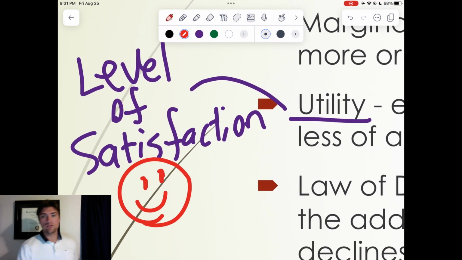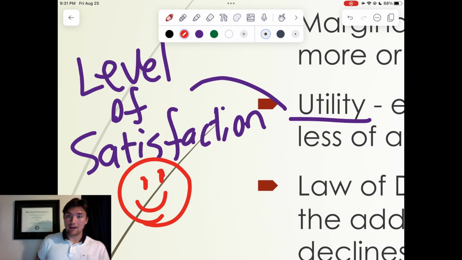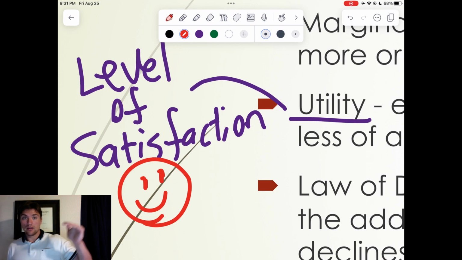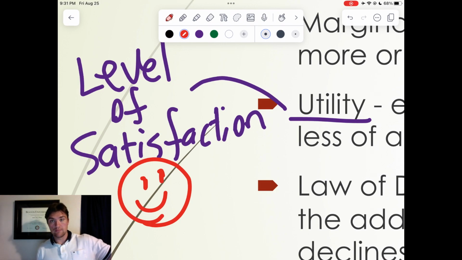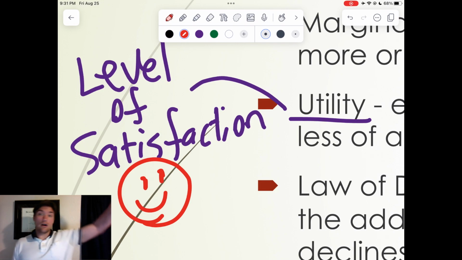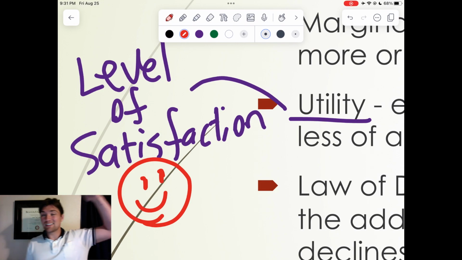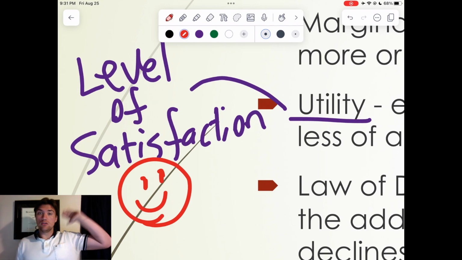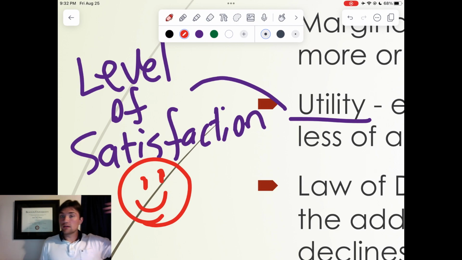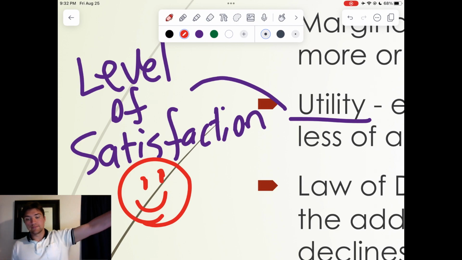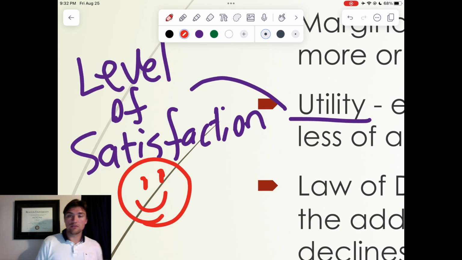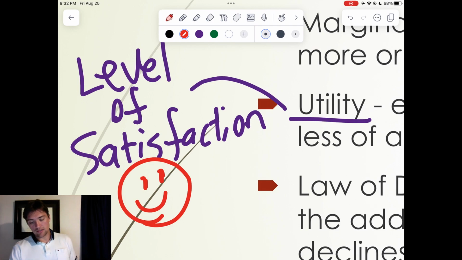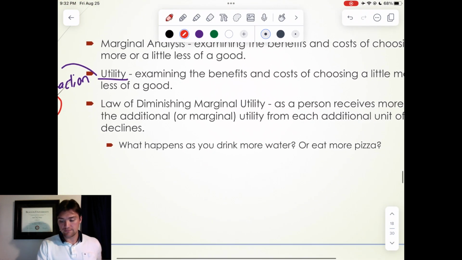So when I see the word utility, what I'm really thinking is how many smiley faces am I getting? So basically, is it 5 smiley faces, right? Or is it 100 smiley faces, right? That's how much utility I have. Maybe 150 utility, right? So it sounds kind of weird, but that's what it is. It's smiley faces. So that's what we're trying to do when we're doing marginal analysis, is we're looking at our level of satisfaction.